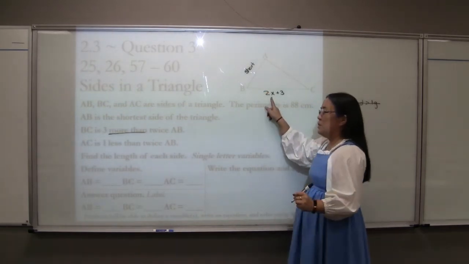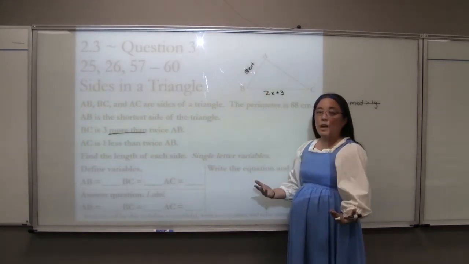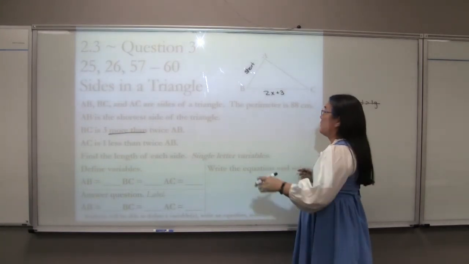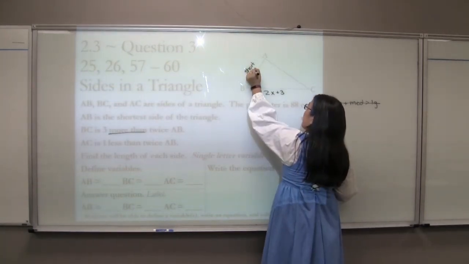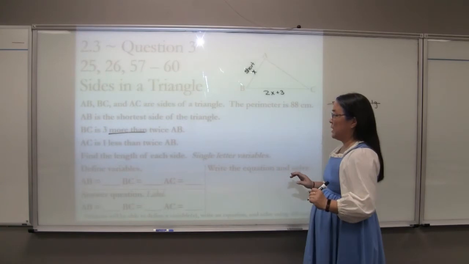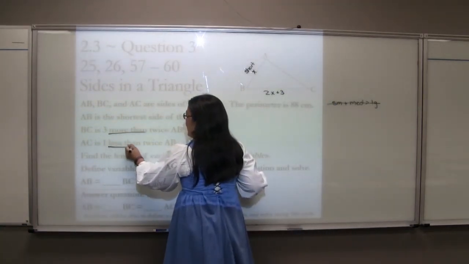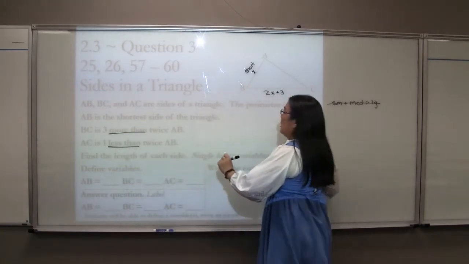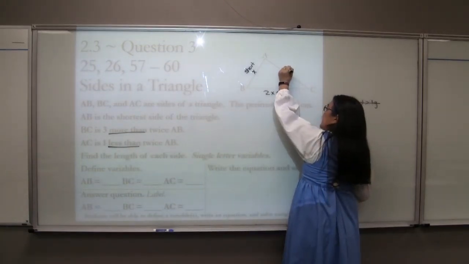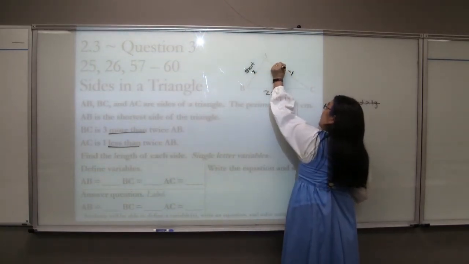Some students want to use 2AB. I don't want you to use 2-letter variables. X is for AB, so X is our shortest side, AB. AC is 1 less than, and more than, switch the order around. So it's 1 less than twice AB.